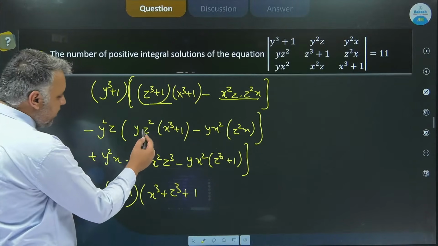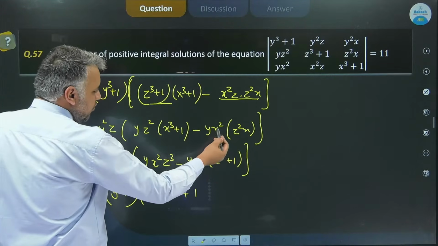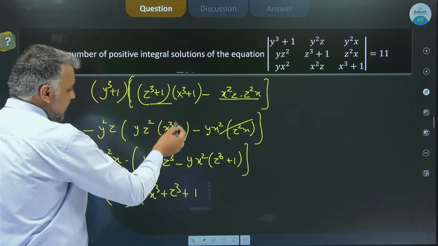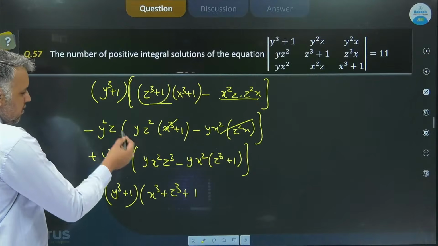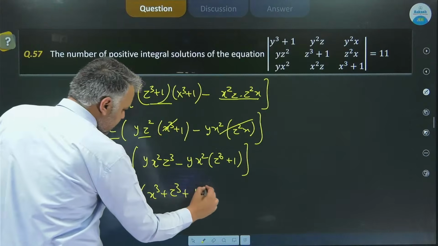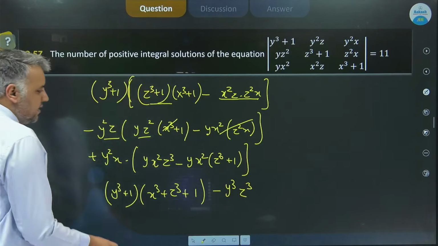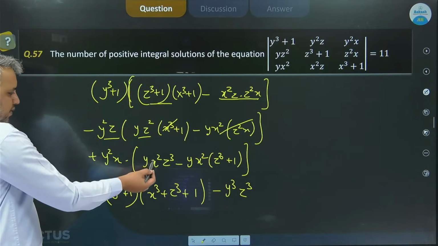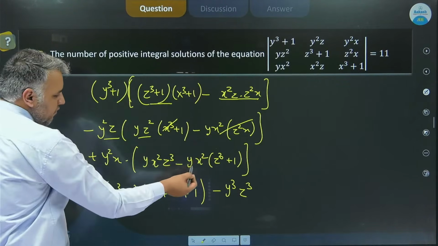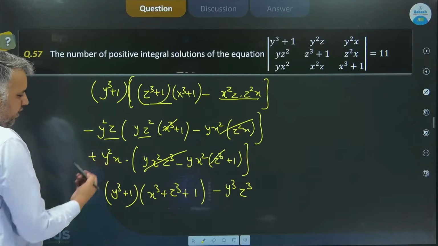Now here, this will be x cube y z square and again x cube y z square. This term will be cancelled out corresponding to this. So finally it will be the product of these two, and this is minus y cube z cube. And last also, if you see, x square z cube y will be cancelled out, and it will be minus y x square into this.